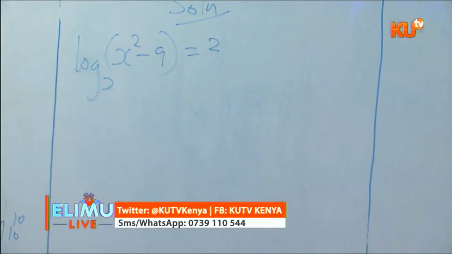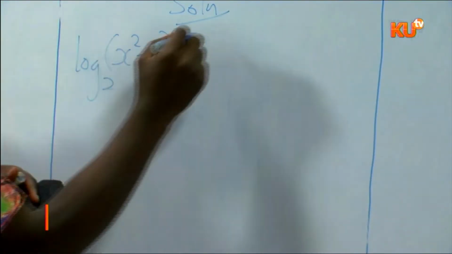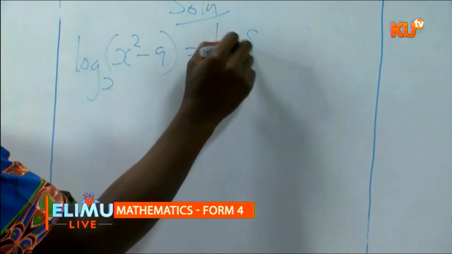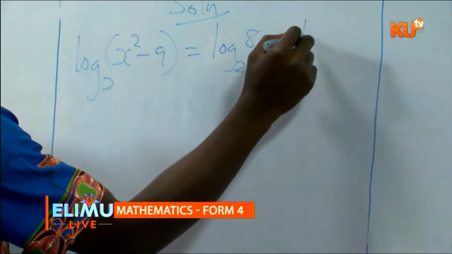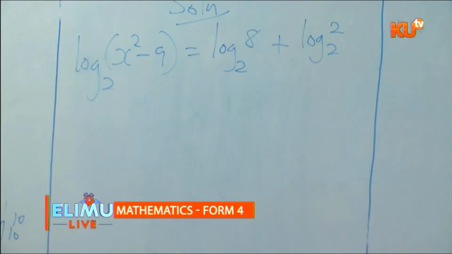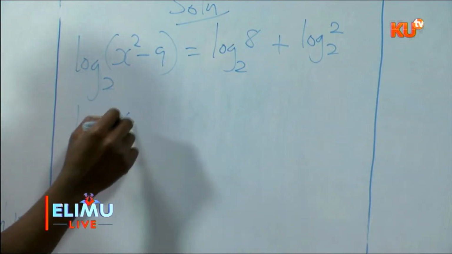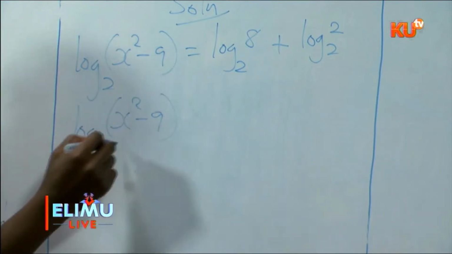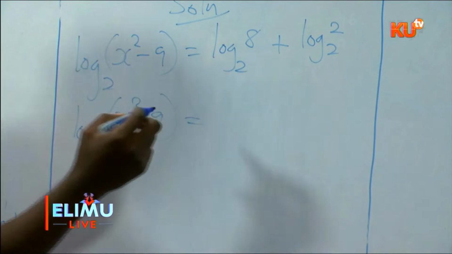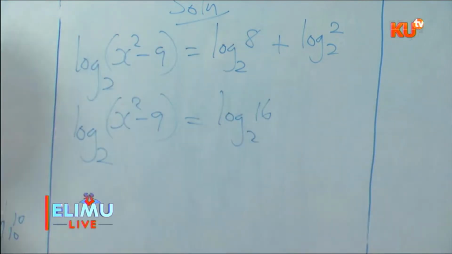3 now comes as power of 2 to have log 2 power 3, that is 8 base 2, plus now we have log 2 base 2. Multiplication, so we have log x squared less 9 base 2 is equal to log 16 base 2.